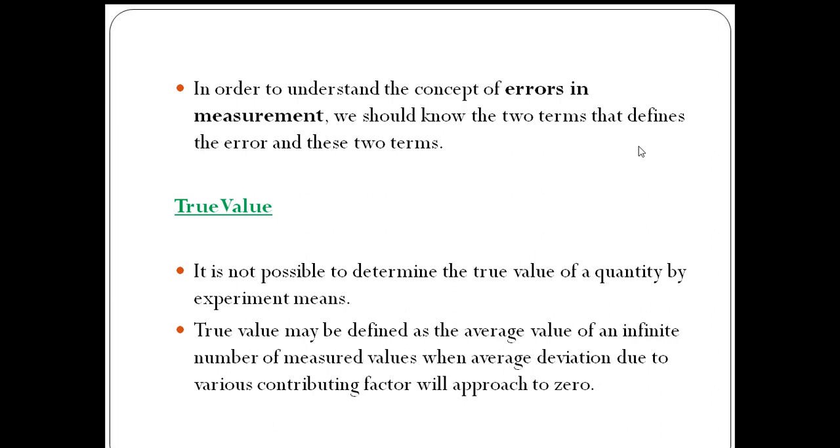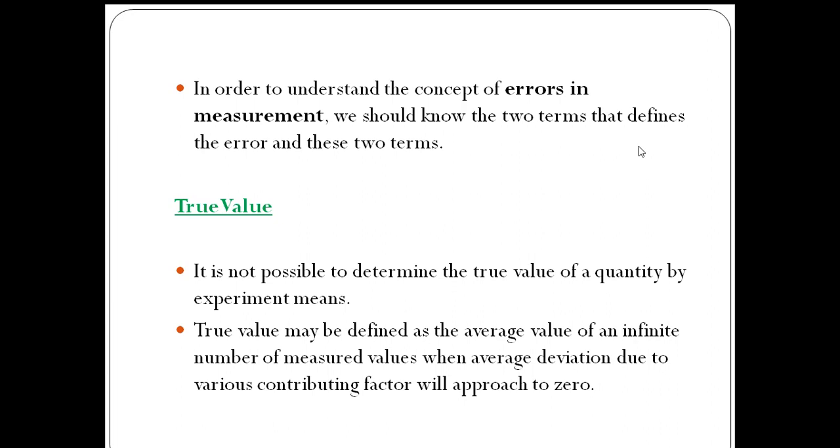We do not get the true value in one reading, so we calculate the true value by taking a larger number of readings and averaging them. The average of more measured values will be the true value.